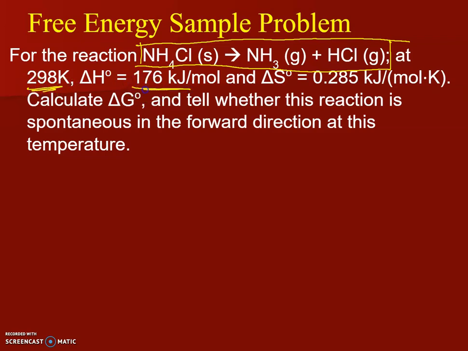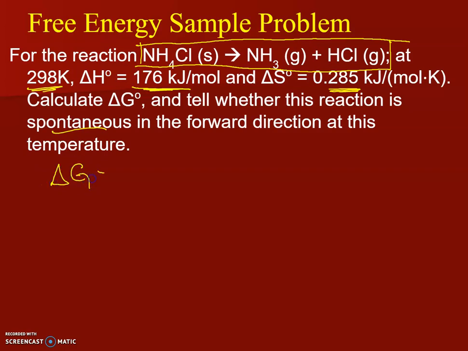Our delta H is determined to be 176 kilojoules per mole, and our delta S, which we would get from an appendix, is going to be 0.285 kilojoules per mole Kelvin. So calculate the delta G and tell me, is it going to be spontaneous or non-spontaneous when we mix this stuff together? All right, so will this react on its own?